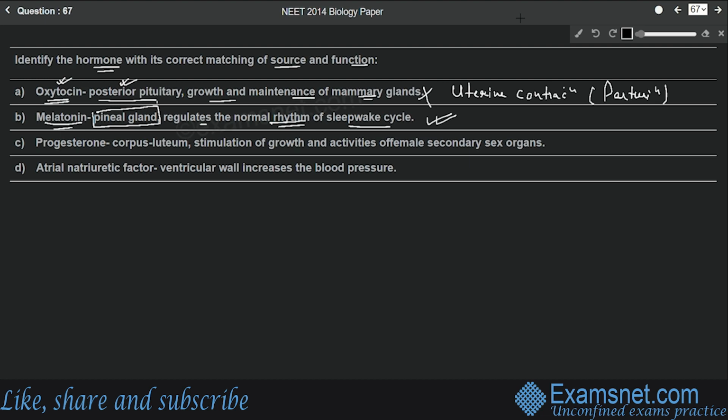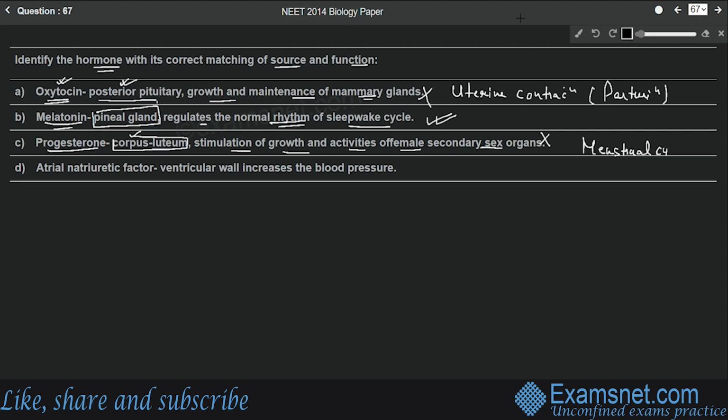Then the third one is progesterone. The source is corpus luteum. So this is the correct source of progesterone. The function is stimulation of growth and activities of female secondary sex organs. So the function is not correct. What is the function of progesterone?